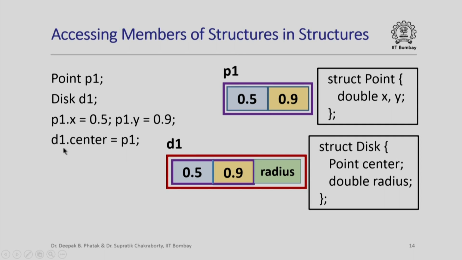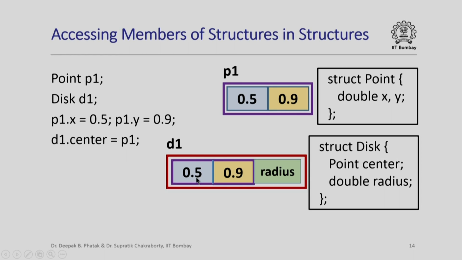Subsequently, if I say d1 dot center is assigned p1, then this entire structure is going to be copied to the corresponding member of d1, and remember, this member of d1 named center is of the same structure type as p1. Therefore, from our earlier lecture on how one structure can be assigned to another structure of the same type, you will recall that each member of p1 will be copied to the corresponding member of the member center of d1.